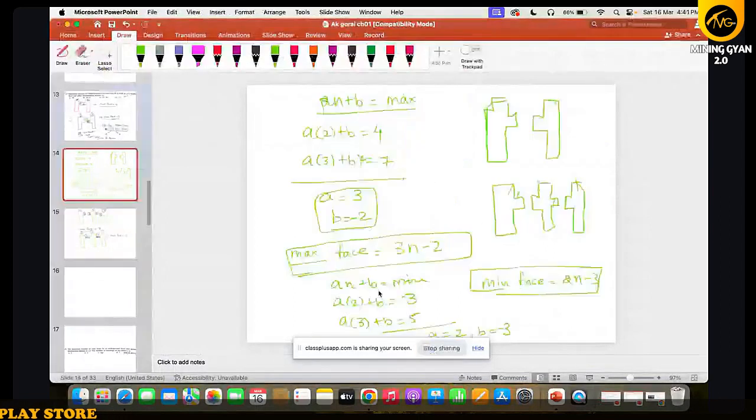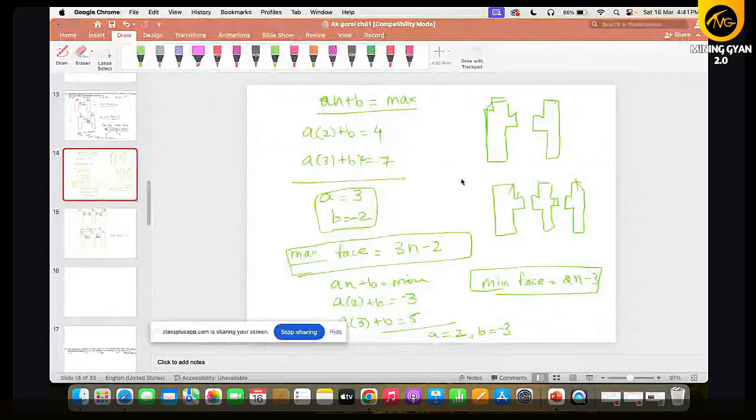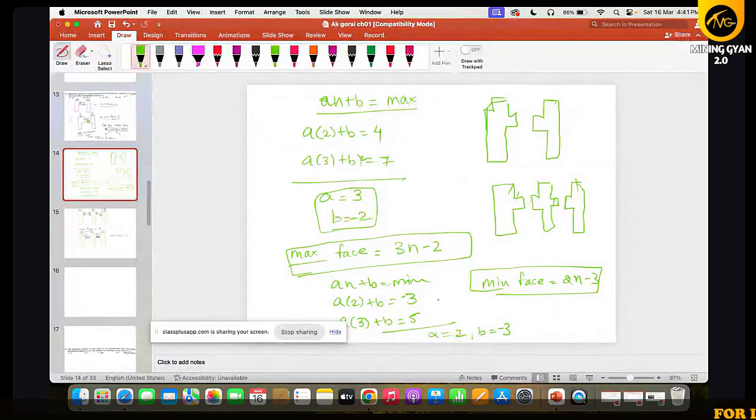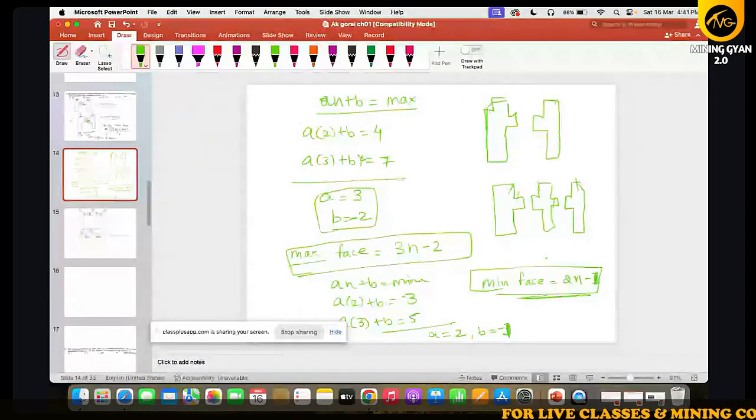Where is my question? Please find out the A and B values. So the A value is 2 and the B value is -1. So it will be the minimum phase value. Please remember these two formulas.